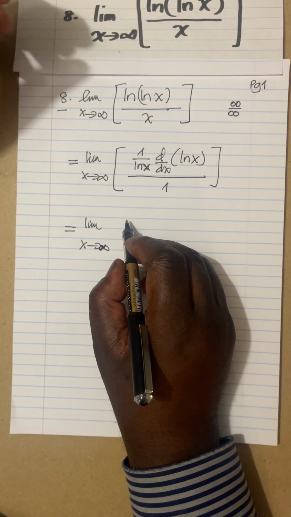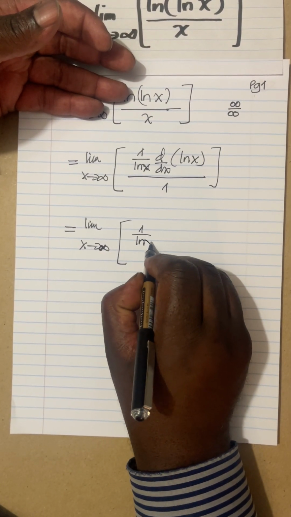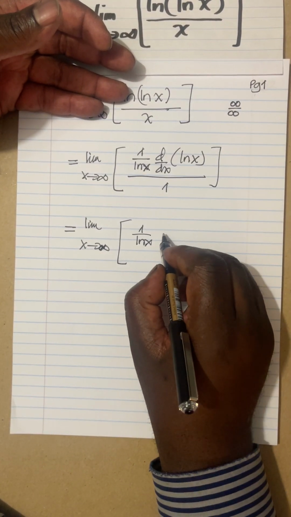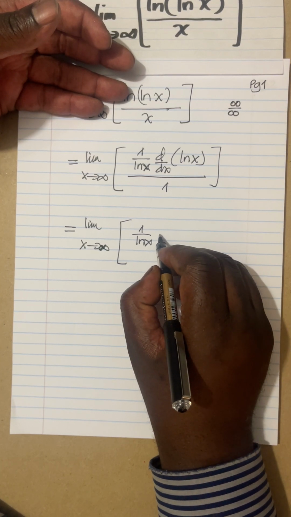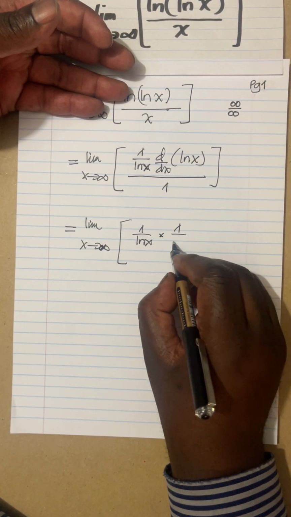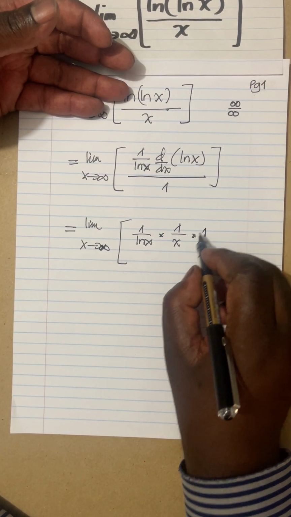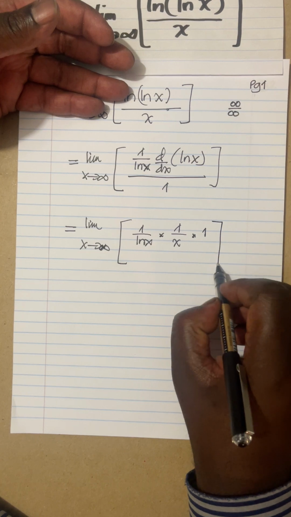Now, this is going to be the limit as x approaches infinity of 1 over natural log of x. The derivative of natural log of x, like I explained, is going to be times 1 over x times the derivative of x, which is 1. And we're saying all over 1, which is just basically this one here.